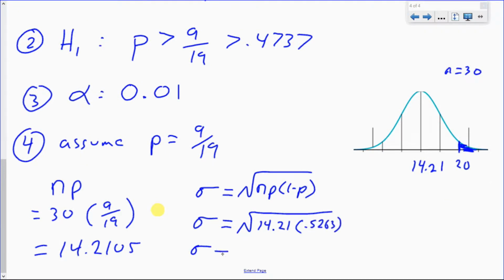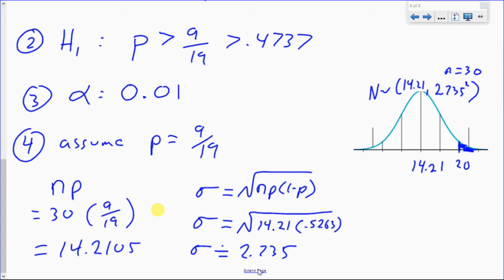And when you do that, you get a standard deviation of about 2.735. So we can say that our curve here is normally distributed with a mean of 14.21 and a standard deviation of 2.735. And then we use the squared notation there.